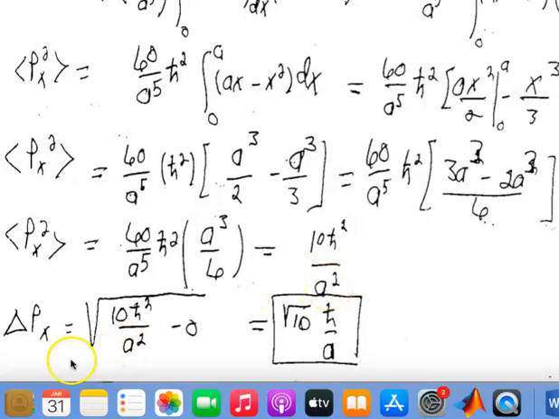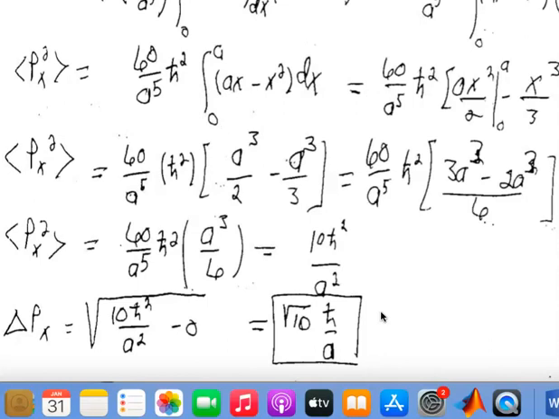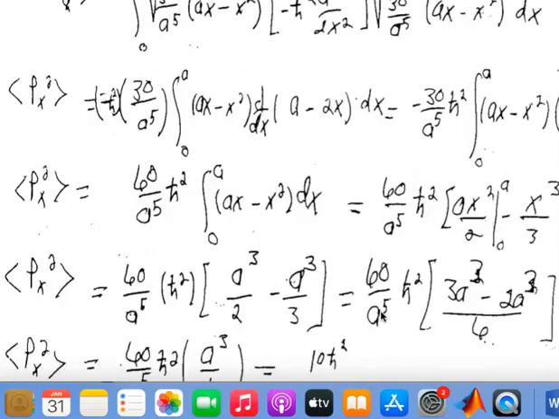Then you can find the uncertainty in px, as I said, which is this number here. All right, I'm going to stop right there and let you go on now and finish this problem and turn this in to me, okay?